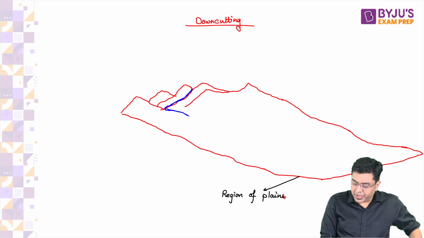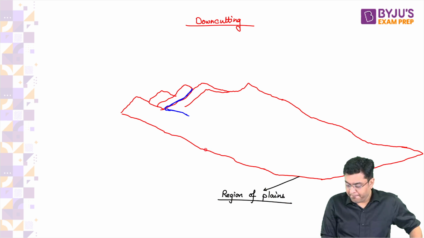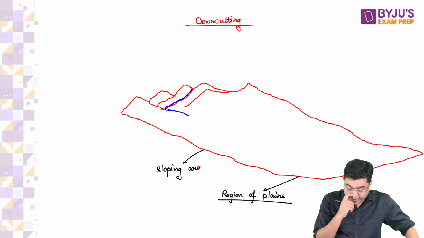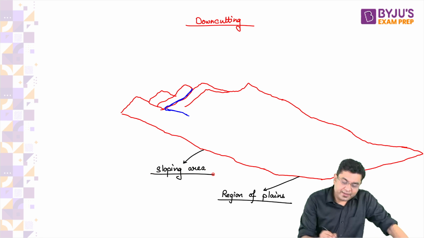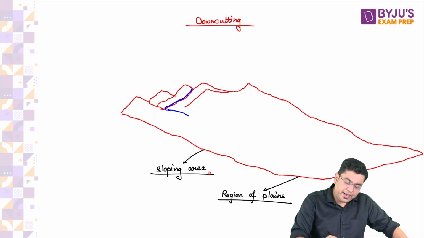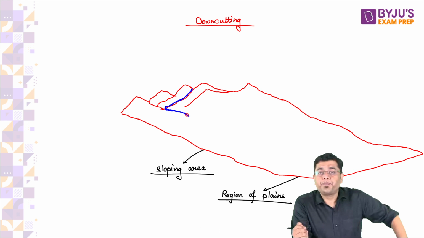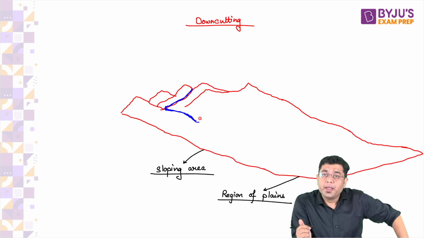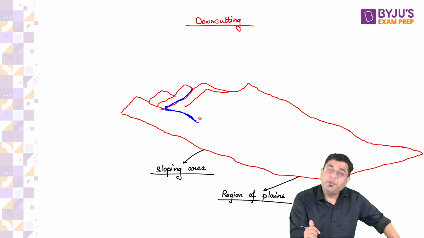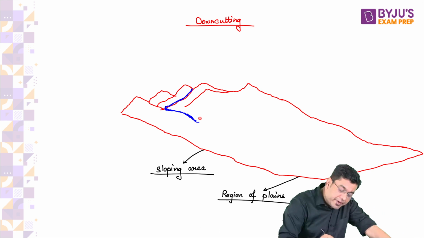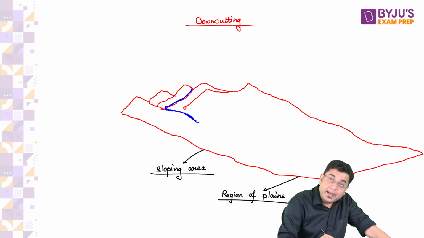Okay, this is the region of slope. Now let's assume that the river is hurtling down the slope here. Now, as it is coming down the slope, will it have speed? It will have a lot of speed. Now, in this region, it is encountering the hard rocks. So, what will this lead to? Here, this river will get deeper and deeper and deeper.